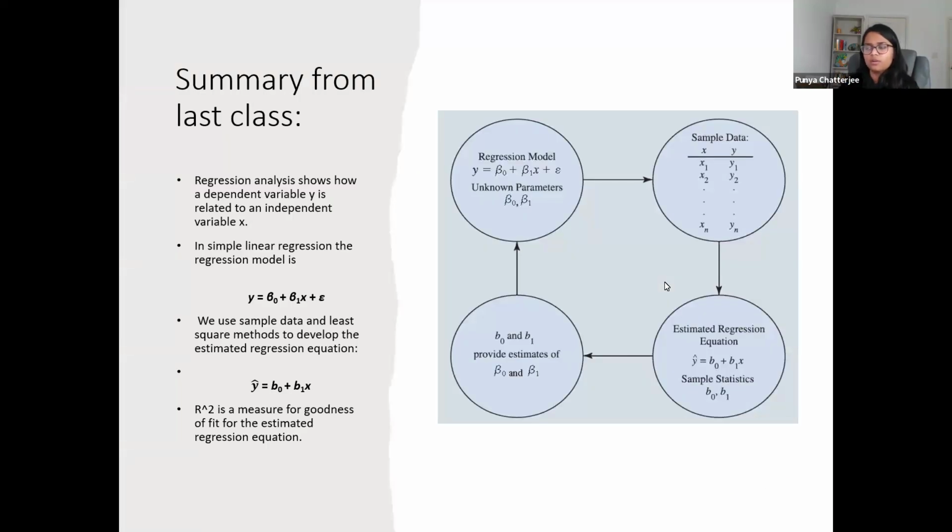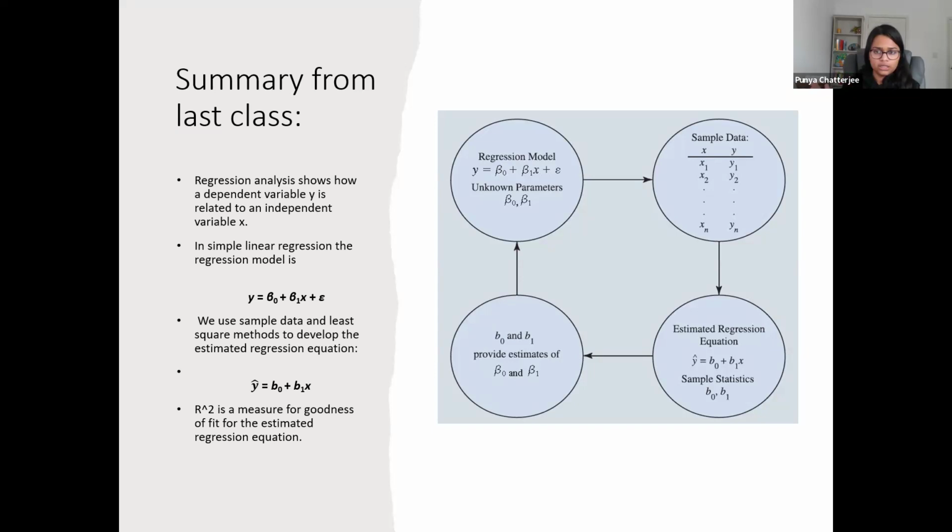So just to recap, last class we talked about regression. Regression analysis shows how a dependent variable, which we symbolize as y, depends on or can be explained by an independent variable, which we call x.